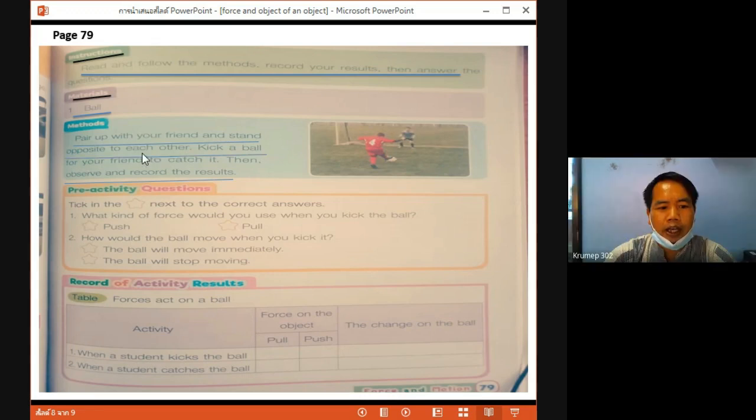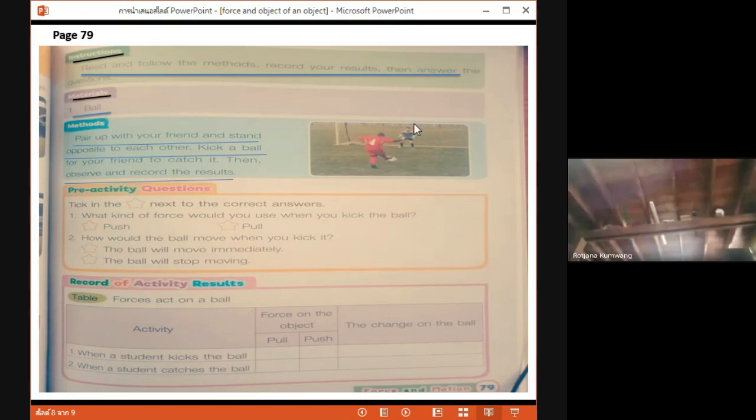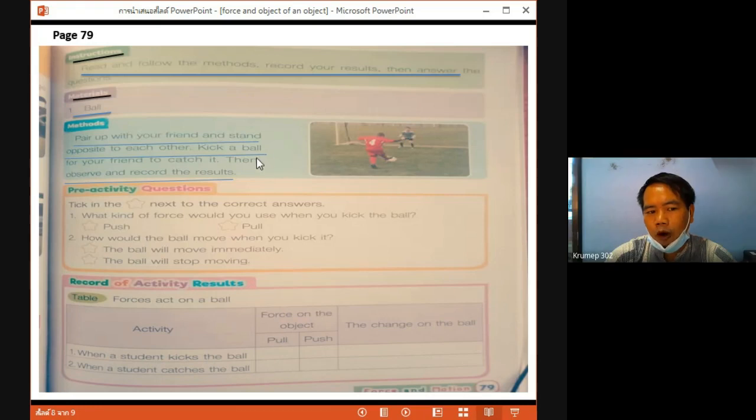Next, kick the ball for your friend to catch it. If you are the one to kick the ball, your friend will catch the ball. Then observe and record the result.